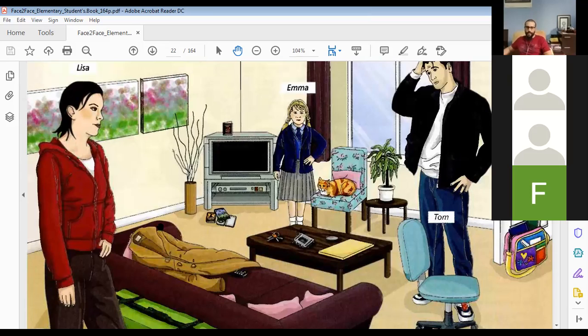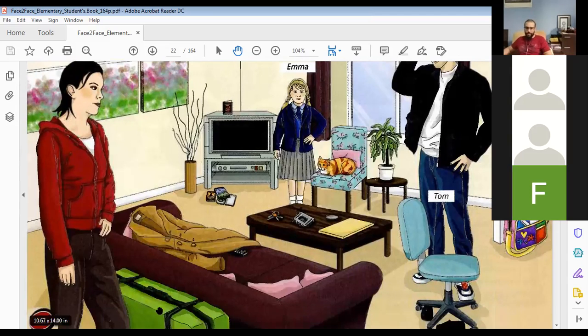Whose coat is this? Lisa's. So this is the short answer. But of course you can say this is Tom's suitcase. This is Lisa's coat. These are Lisa's DVDs. These are Tom's keys. Of course, you should be careful with singular and plural.